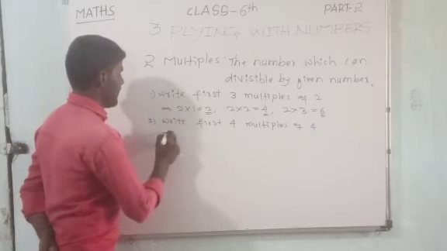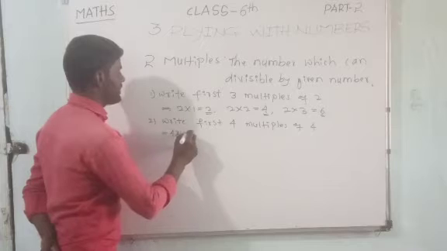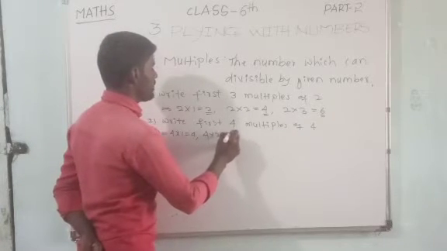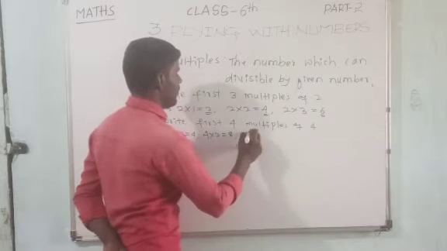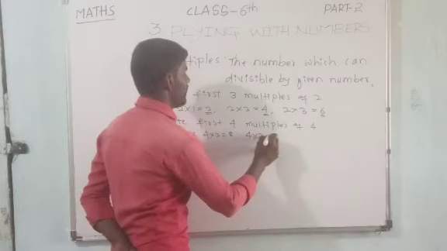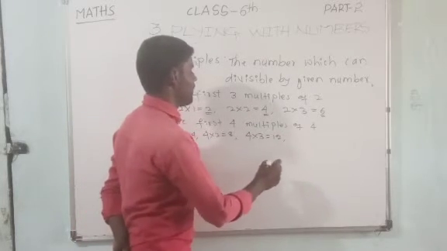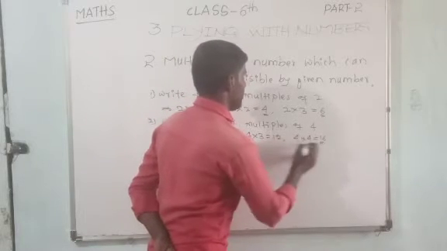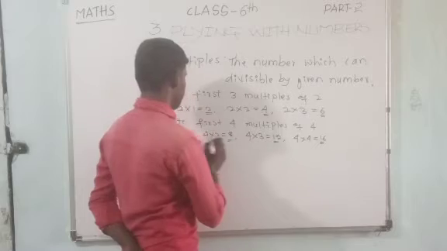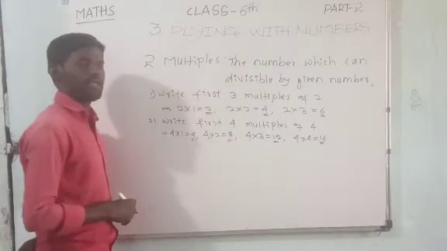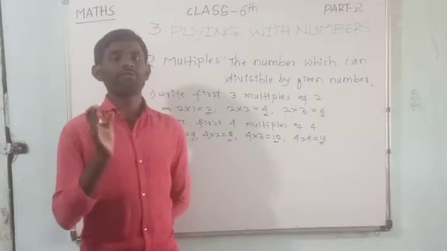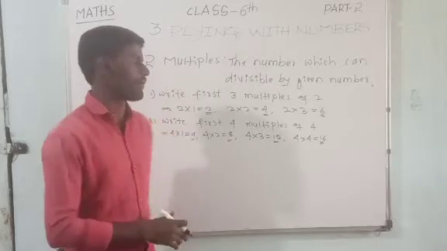That is 4 into 1 is equal to 4, first multiple. Then 4 into 2 is equal to 8, second multiple. Then 4 into 3 is equal to 12, third multiple. Then 4 into 4 is equal to 16. Here 4, 8, 12 and 16 are the first 4 multiples of 4.